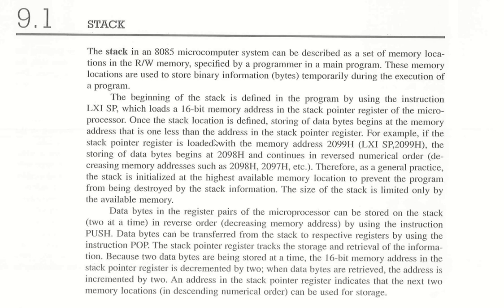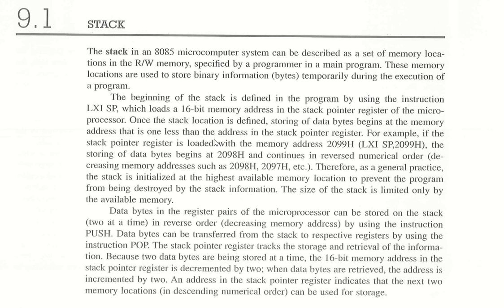Therefore, as a general practice, the stack is initialized at the highest available memory location to prevent the program from being destroyed by the stack information. The size of the stack is limited only by the available memory.